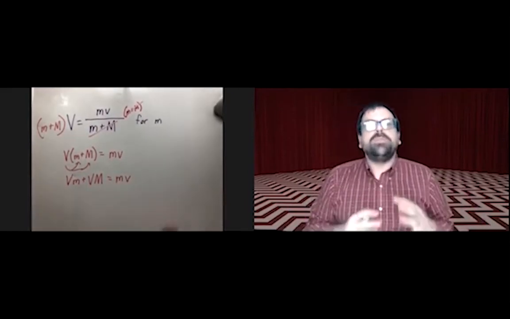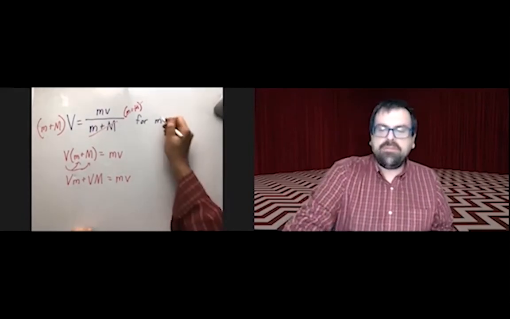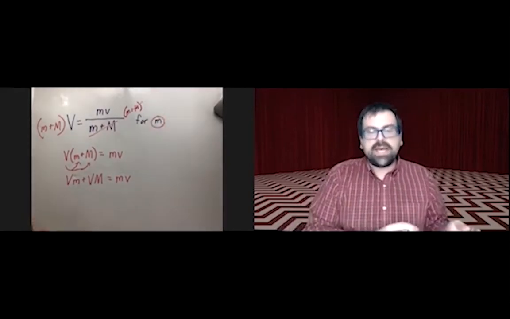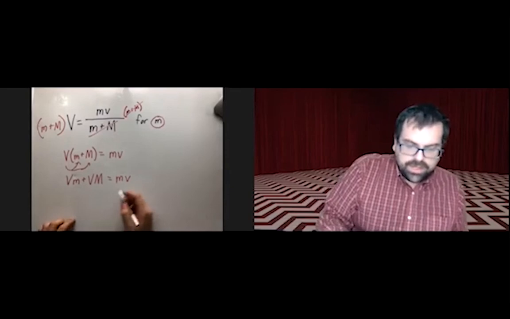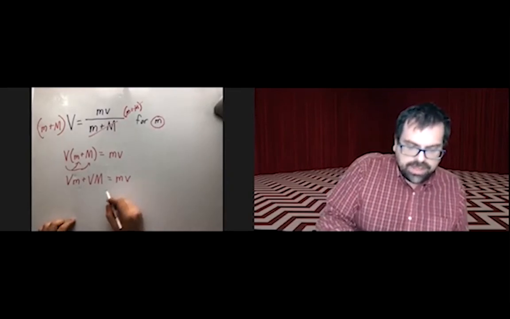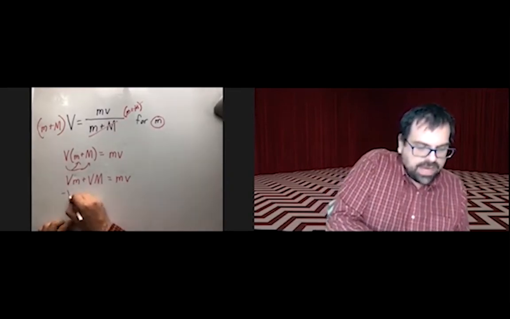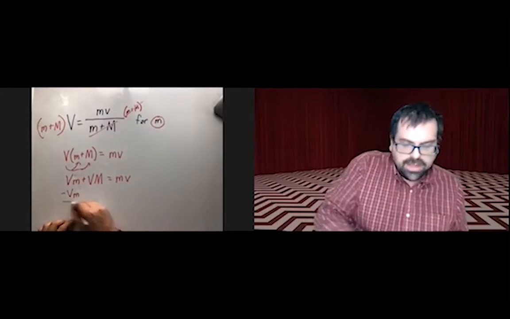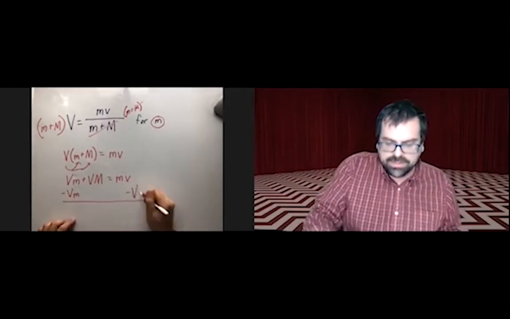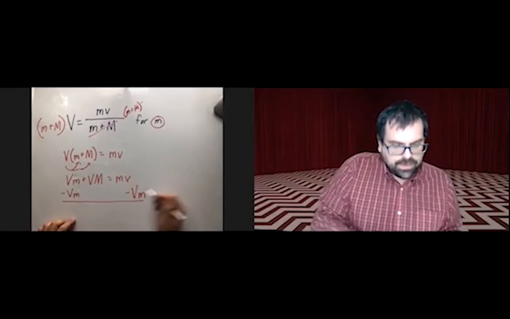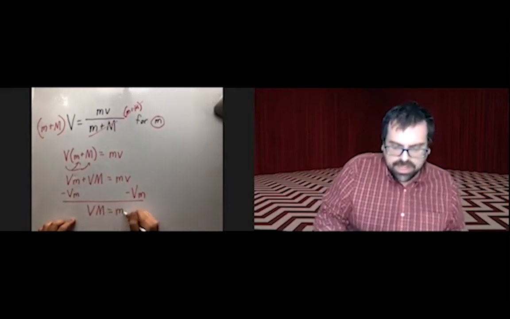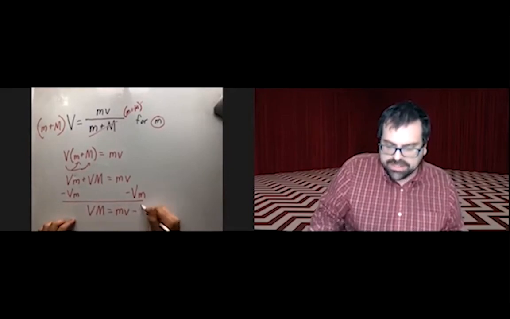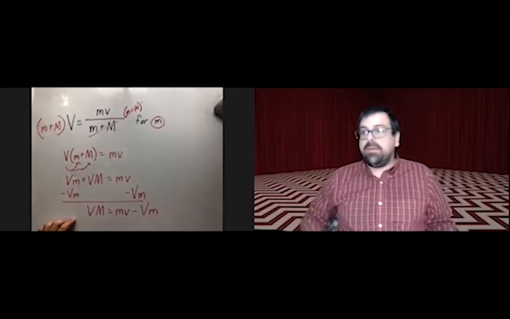Now we're going to move terms around so that everything with a little m is on one side, everything else is on the other. Okay, I'm going to go ahead then and subtract big V little m from both sides. I'll get big V big M equals big M little v minus big V little m.